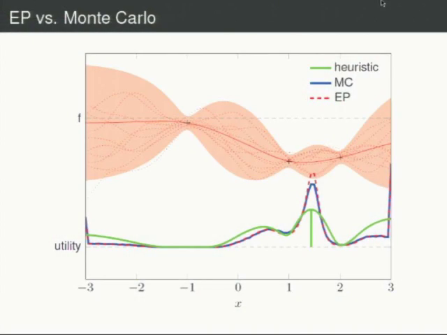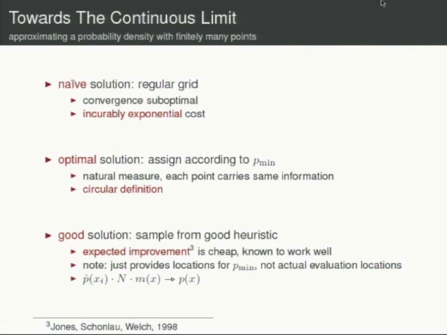And that's why I've left this green line in all the time, because it is actually not entirely bad. It sort of puts mass at the right point. So we're going to use that to decide where to put our finitely many discrete locations with which we're approximating the actual function on this continuous space. We'll just sample from this measure. It's not actually a normalized measure, but that doesn't matter because the normalization constant will drop out of all the calculations.